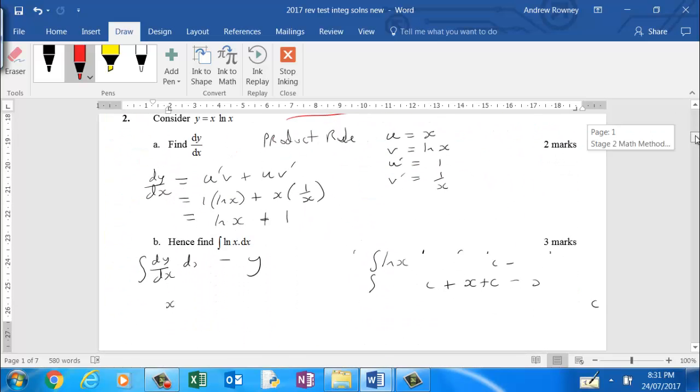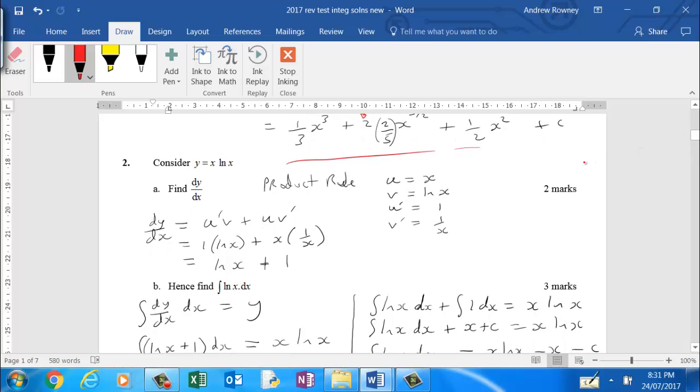Okay, next one here is kind of doing first principles of integrals, because we actually can't do the integral of ln x, but this is actually working it through the long way of getting the answer, the only way. First of all, they give us a hint. They say consider this and find the derivative.